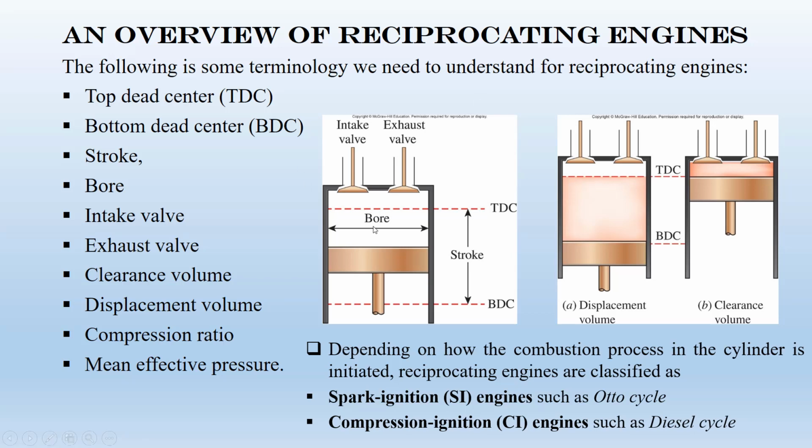When we increase the pressure, the temperature increases, and when the temperature goes beyond the ignition temperature of this mixture, the combustion reaction starts. An example of a compression ignition engine is the diesel cycle, and in this course we will go over both the Otto cycle and the diesel cycle.